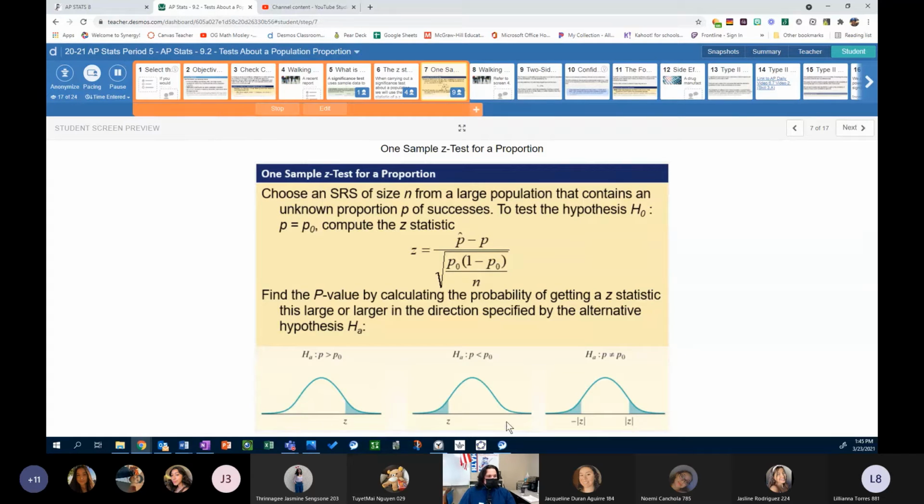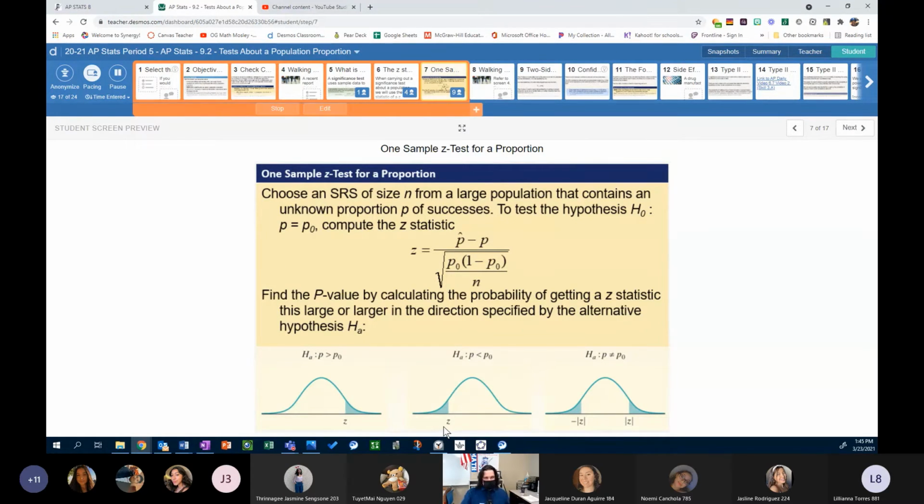And so we get these little normal curves here at the bottom. If the alternative is that p is actually greater than the null hypothesis, we're looking at the area under the curve greater than Z. If the alternative is that it's less than the null hypothesis, we look at the area under the curve less than Z. And we just use whatever Z is.